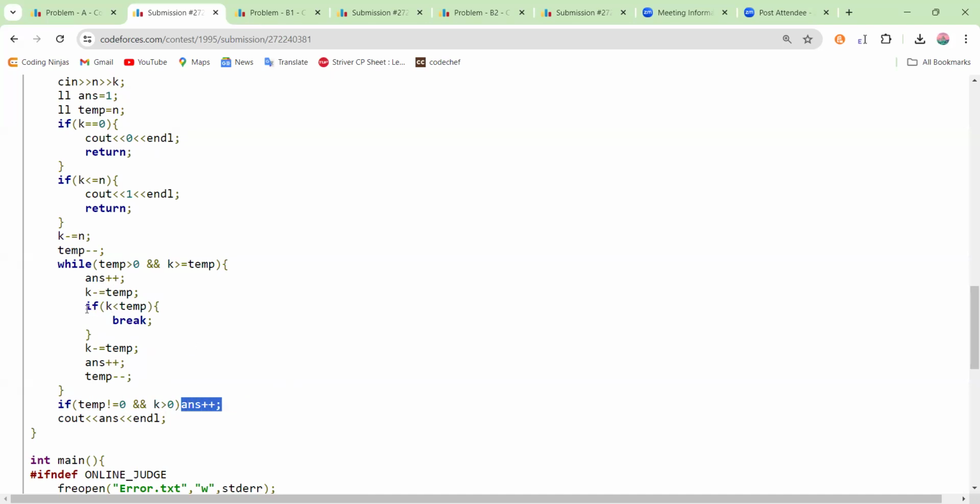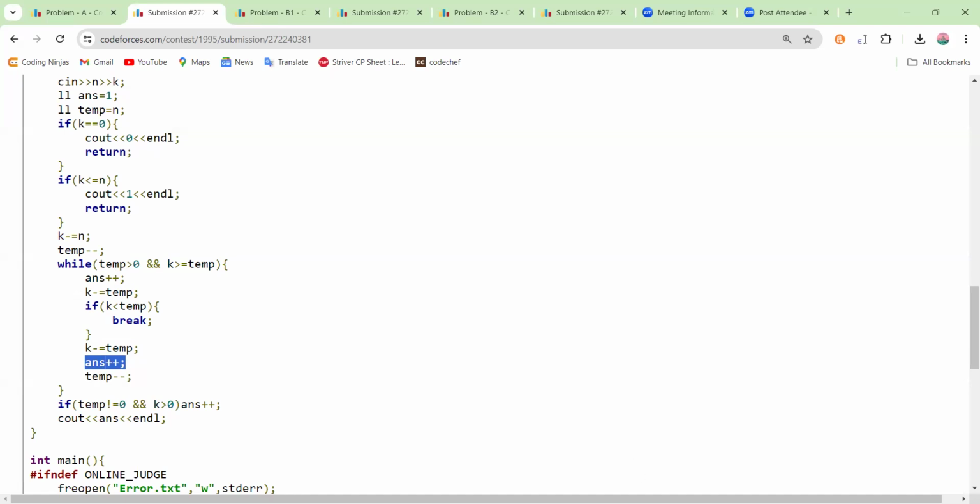And we know that if the value of k is not lesser than temp, that is, it is greater than or equal to temp, this means that since of temp cells we had two diagonals, one diagonal we already filled. Now it's time to fill the other diagonal. So we subtract temp from our k and increment our answer since one more diagonal is filled.